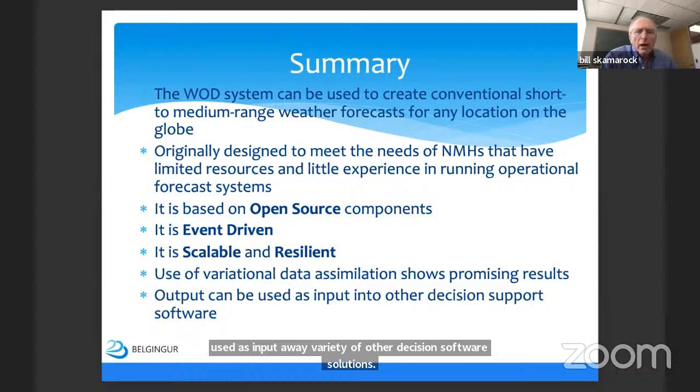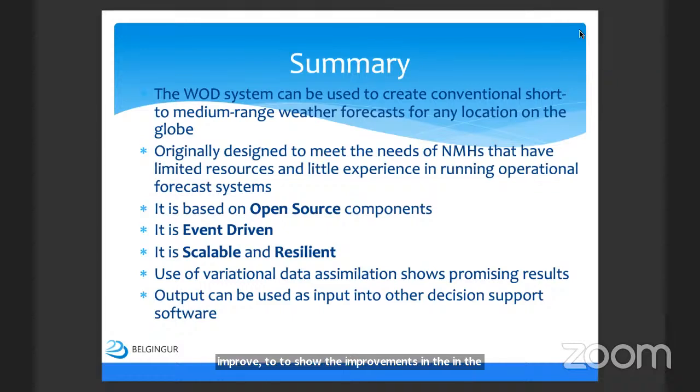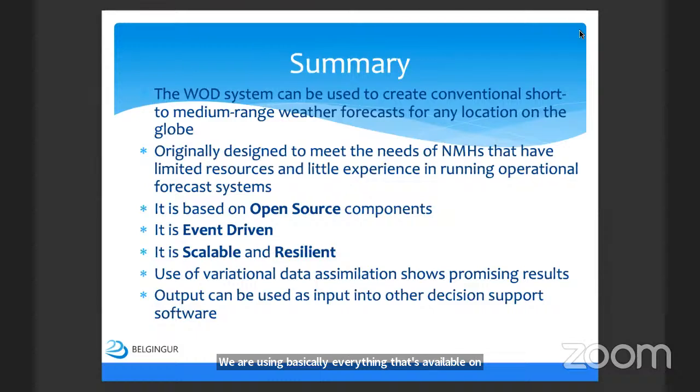Okay, thank you. I'm curious, with the data assimilation experiments you were doing, do you know what observations were most important to show the improvements in the forecasts? We are using basically everything that's available on the GFS website, so the radiance data and the BUFR files as well.